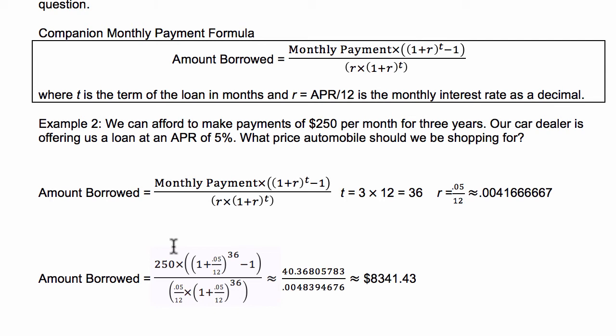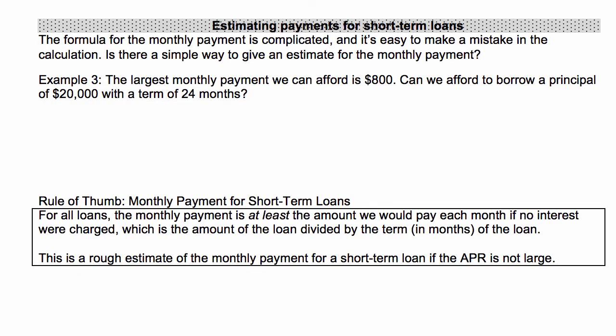If you are careful with rounding and order of operations, your approximation of the numerator should be fairly close to mine. The formula for monthly payment is complicated, and it's easy to make a mistake in the calculation. Is there a simple way to give an estimate for the monthly payment? We will explore this in Example 3.